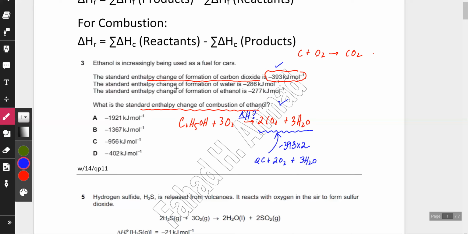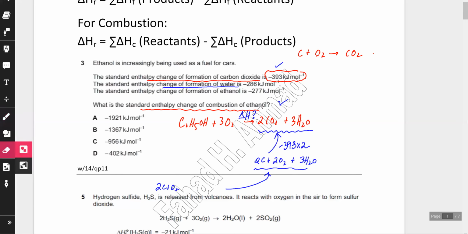Then the next one, it's the enthalpy change of formation of water, right? So what we can do is I have water over here, I can form it. I can form water molecules. So the two carbons and the oxygens are going to remain as is. I'm not going to disturb them.